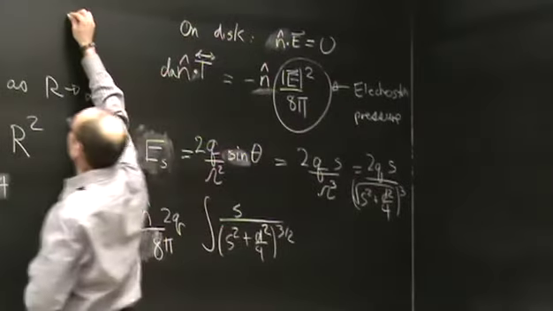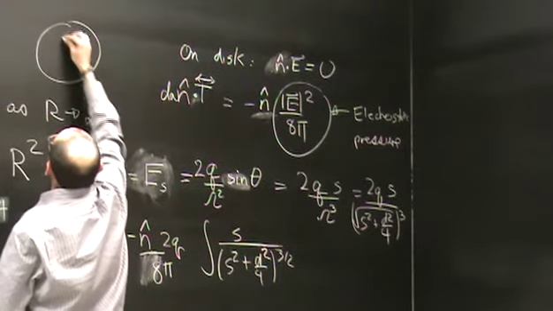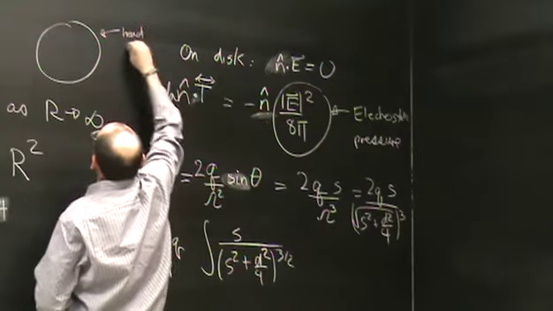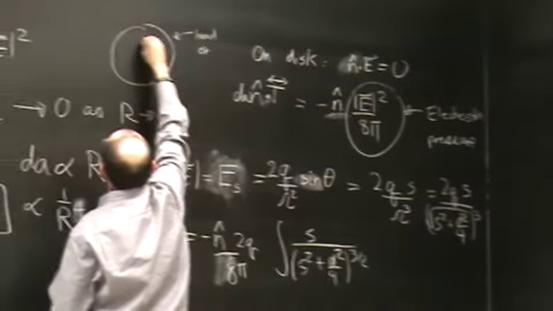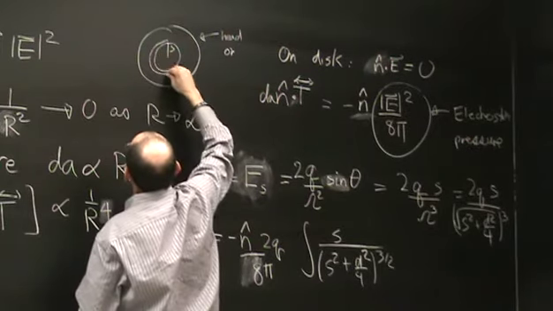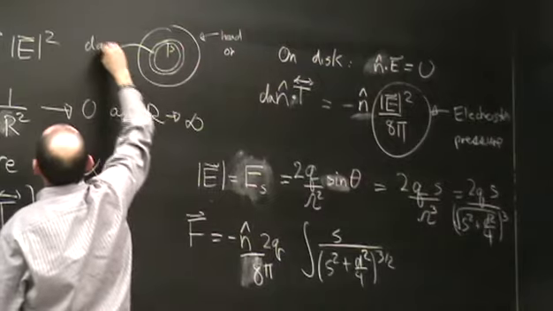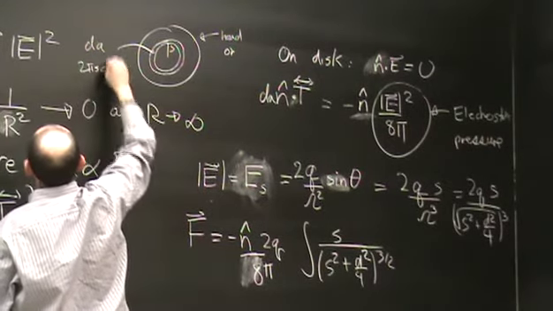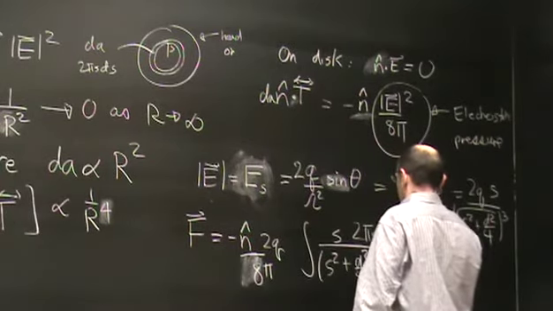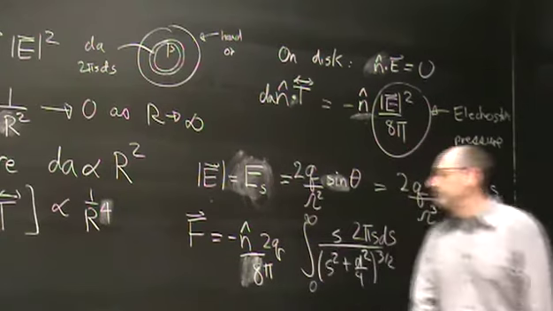If I draw this now, here's the disk, looking at it head on. I'm at some distance s over here. Everything is cylindrically symmetric about here. So my little element of area, dA, is naturally 2 pi s ds. Integrated, s goes from 0 to infinity.